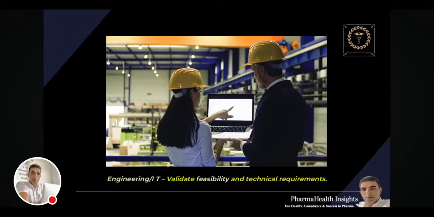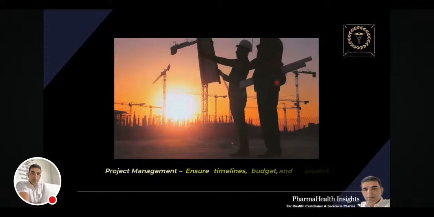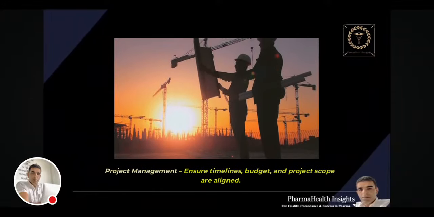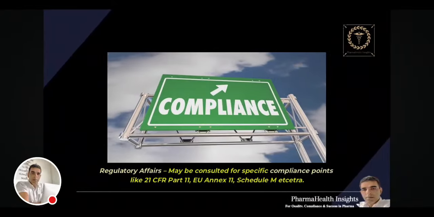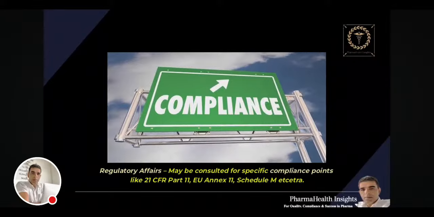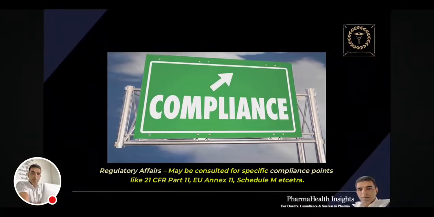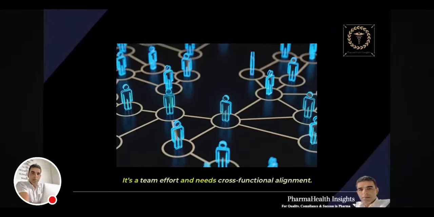Engineering, IT, validate feasibility and technical requirements. Project management ensures timelines, budget, and project scope are aligned. Regulatory affairs may be consulted for specific compliance points like 21 CFR Part 11, EU Annex 11, Schedule M, etc. It's a team effort and needs cross-functional alignment.